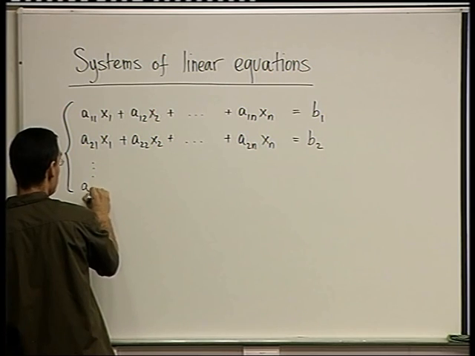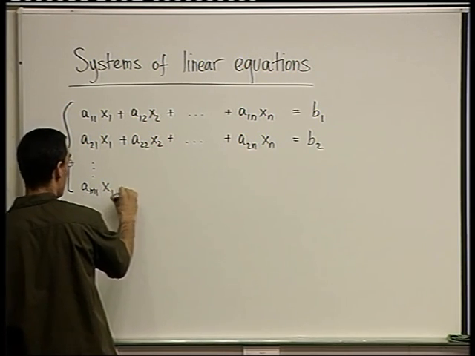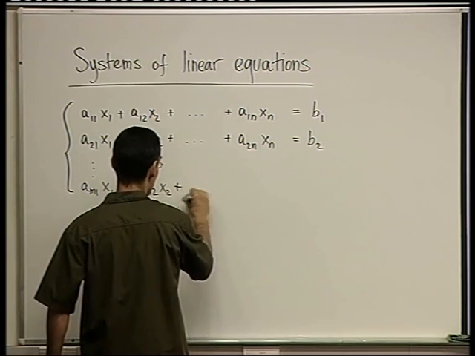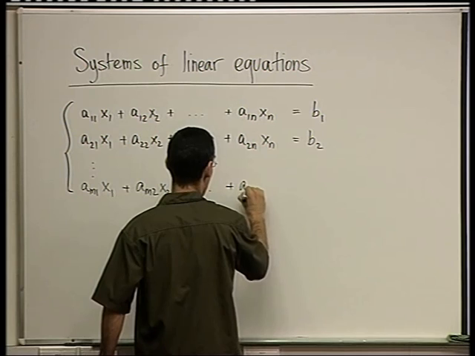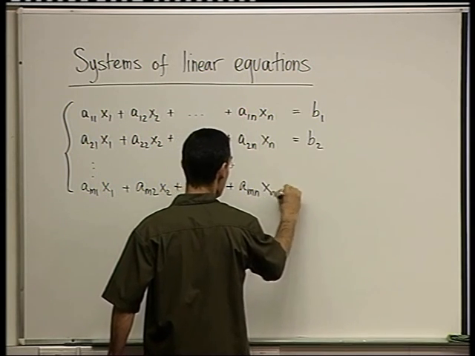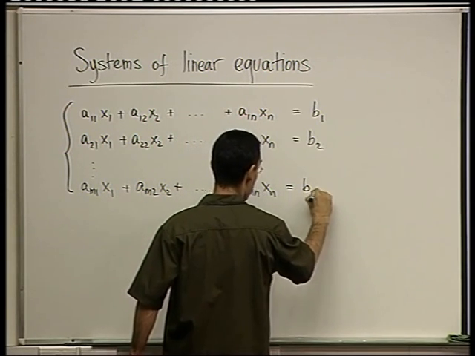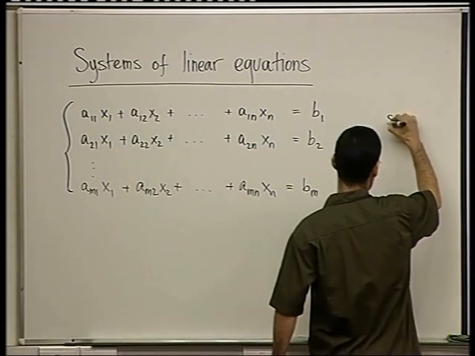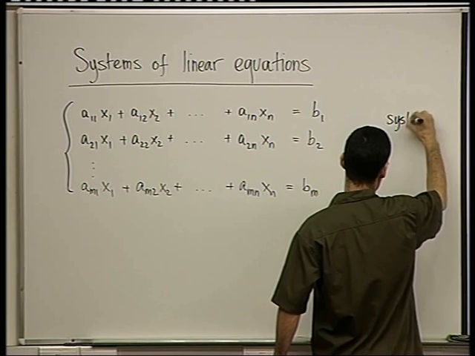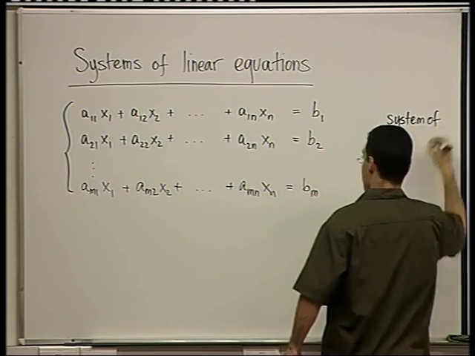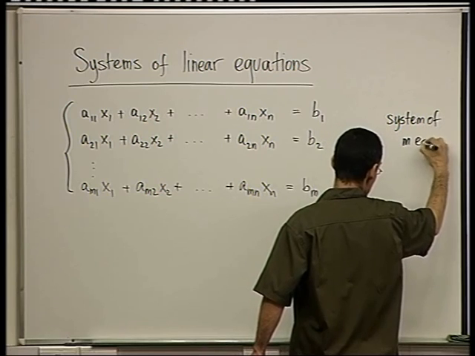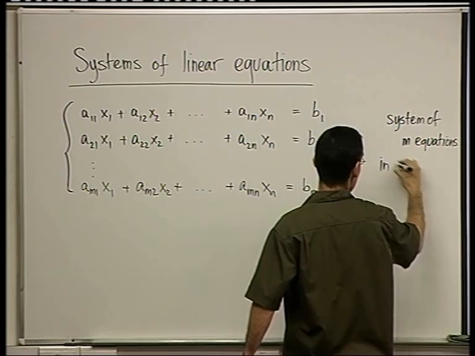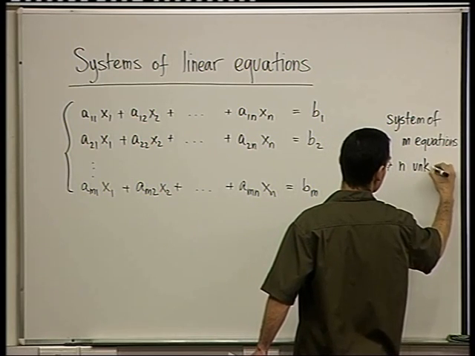And the last one is going to be AM1x1 plus AM2x2 plus ... plus AMNxN equals BM. Okay, so this is a system of M equations in N unknowns.